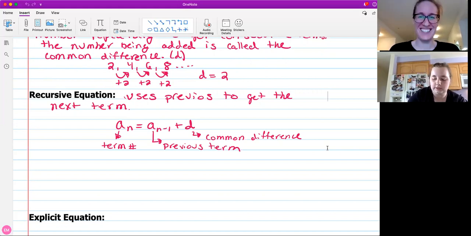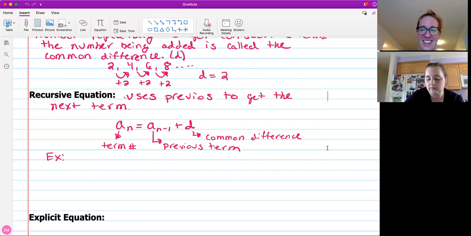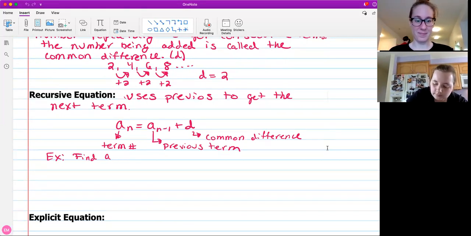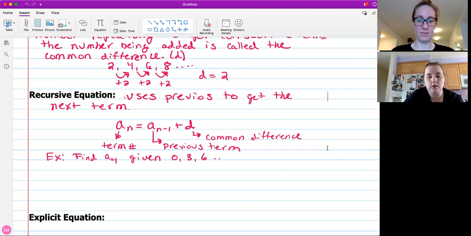So just as a quick example, let's find a4, given the sequence 0, 3, and 6. 0 is our first term, 3 is our second term, 6 is our third term.